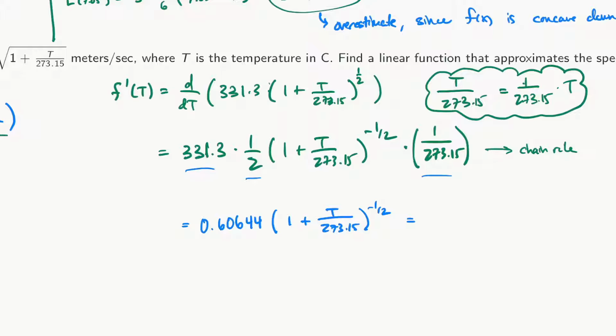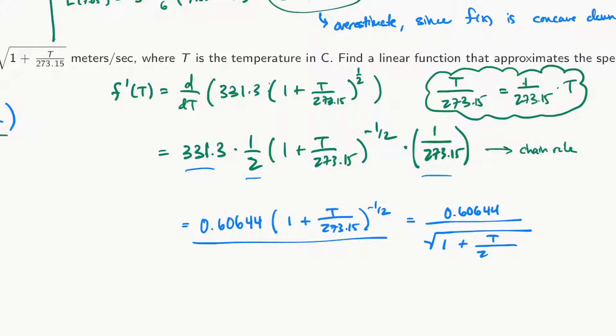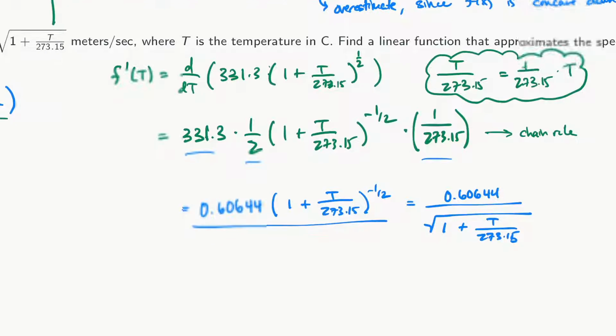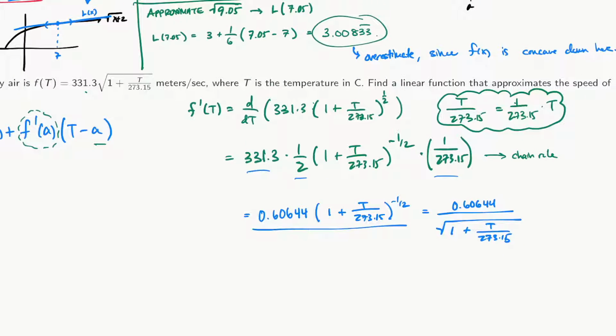I would leave it like this, honestly, but you can write it like this if you want, or you can get the decimal into exact form. So either or, but I would leave it like this. This is my f prime of t.